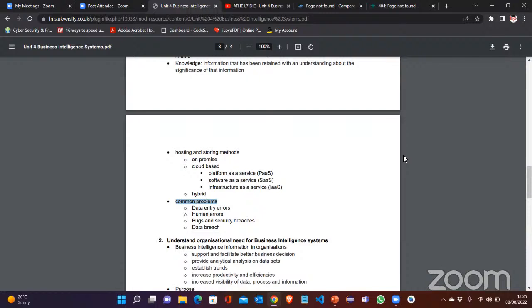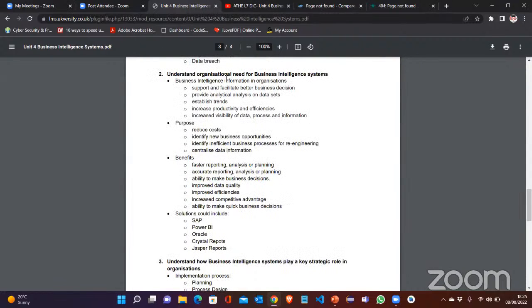Okay. So in tomorrow's session, we're going to focus on understanding the organization's need for a business intelligence system. We're going to look into the purpose, the solutions, and also the business intelligence information within organizations.